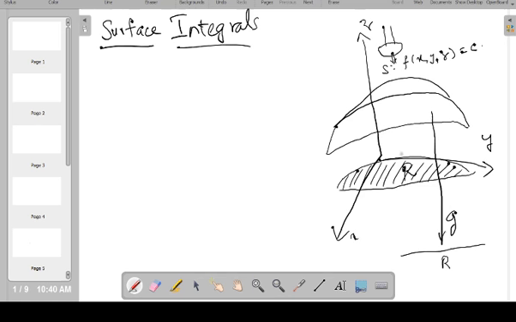So from R3 to R, or from S to R, you have the mapping g, from S to the real line R, and this R is the shadow region. You have to distinguish between this R and this R. This R is the shadow region and this R is the real line.